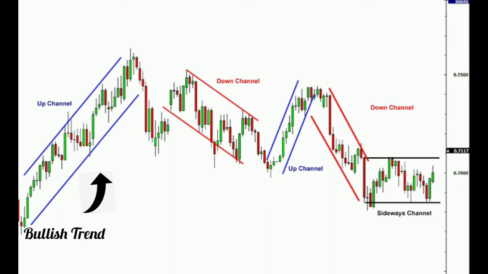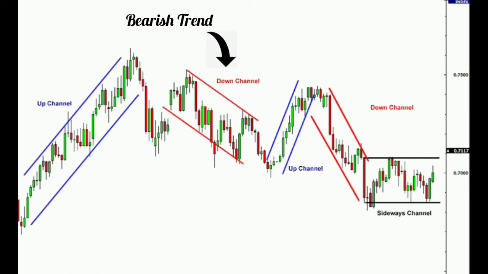A bullish trend is a trend that moves upwards from your support level. A bearish trend, on the other hand, is a trend that moves downwards from your resistance level.